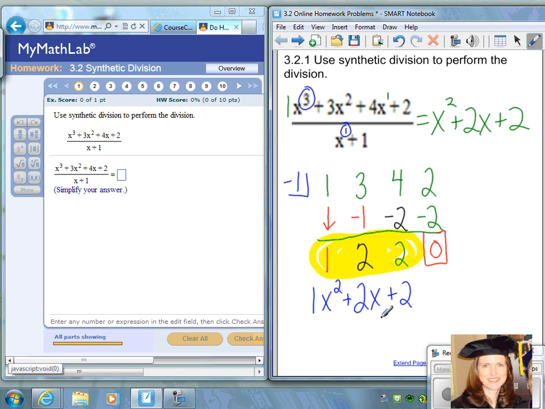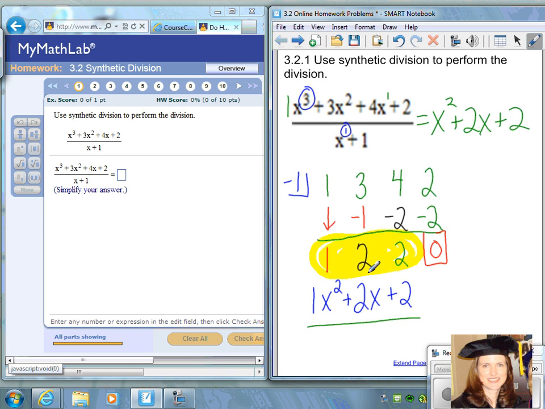Using synthetic division, we set up, we place the negative 1 in the box because we're dividing by x plus 1. We use the coefficients next to that number in the box, leave a space, always bring down that first term. Anything below the line you multiply by what's in the box. 1 times negative 1 is negative 1.